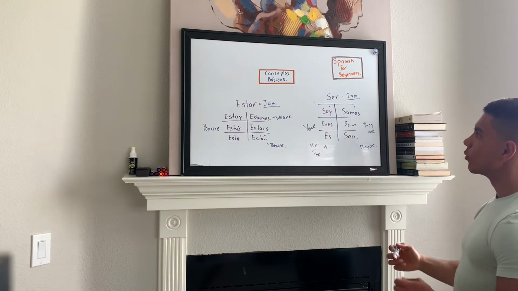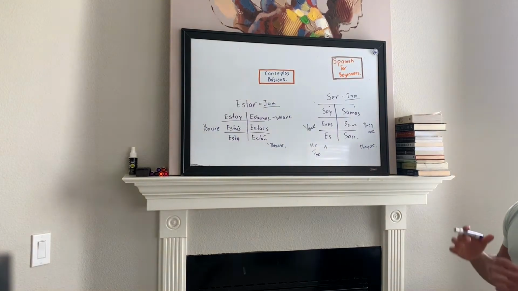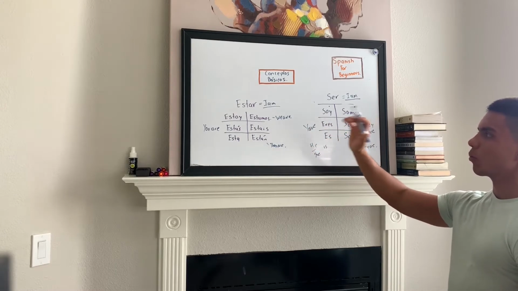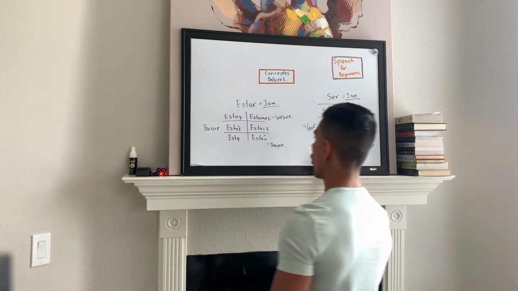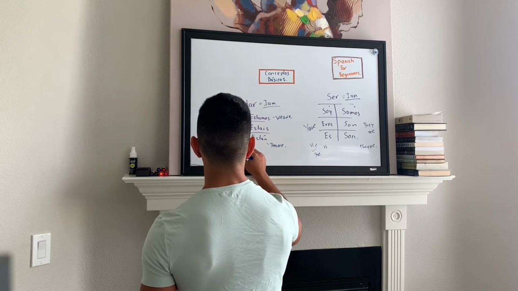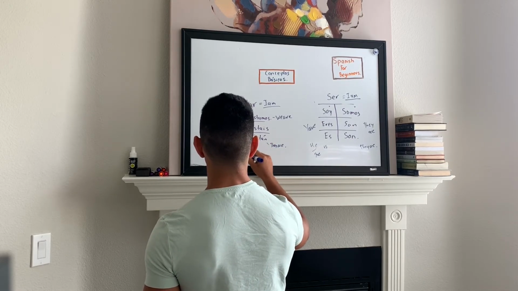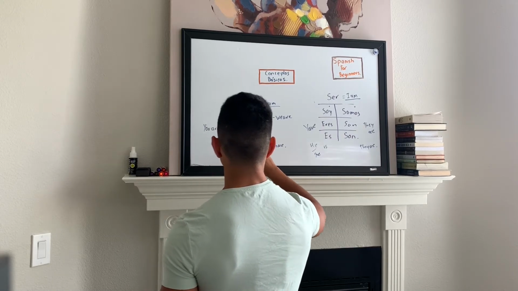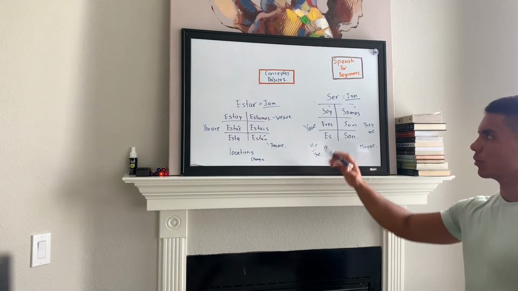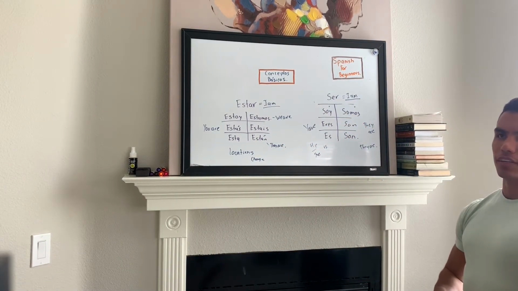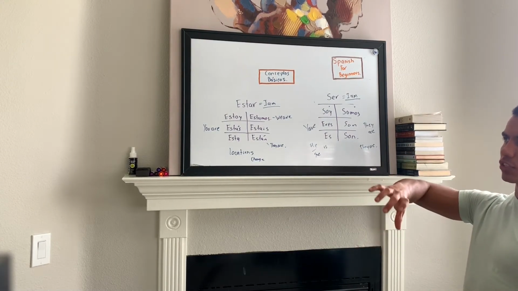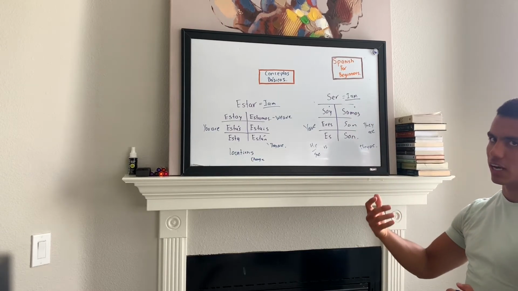Okay, so just to understand these two concepts, we're going to use estar with locations or things that can change. So basically we use estar for referring to a location. I am this way, but it can change accordingly with time.